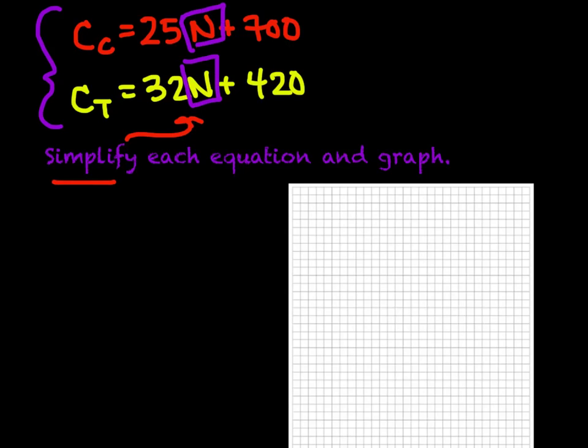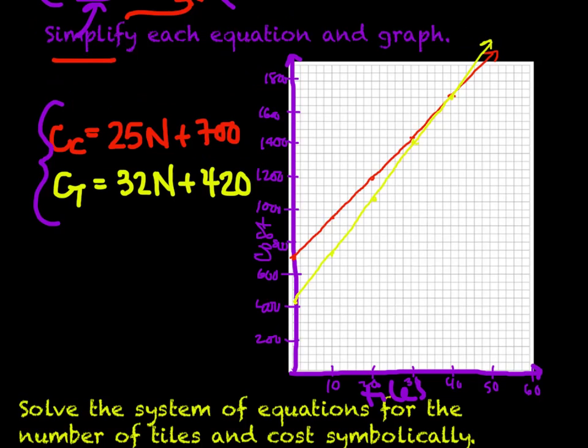This is essentially going to be our x value, and then we can also see that c sub t and c sub c are right there, and that's kind of in our y place, so we would be able to graph it based on our independent variable n, the number of tiles, and finding out the cost, which is dependent upon that. So I'm going to bring these two equations down, and I'm going to graph these. So just a little bit of math magic, and we can look at and see what happens.